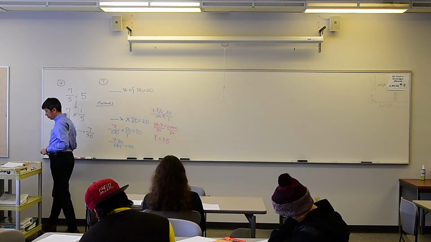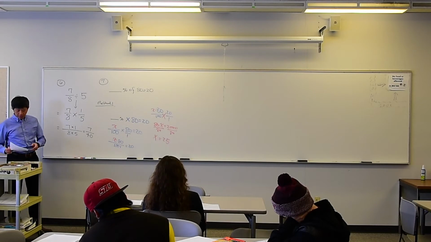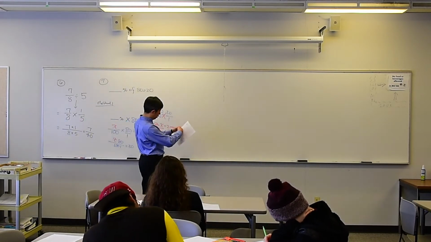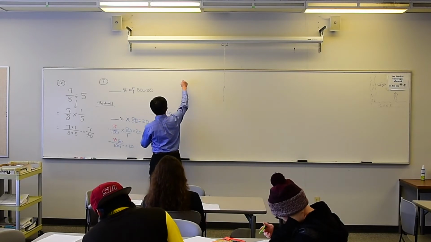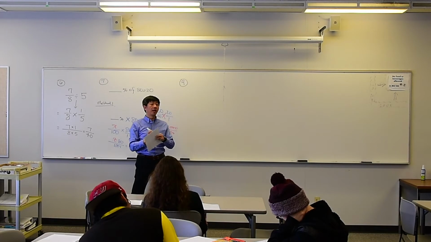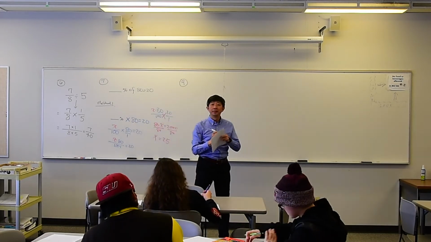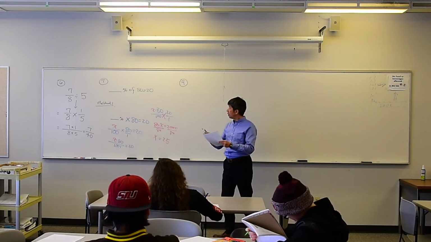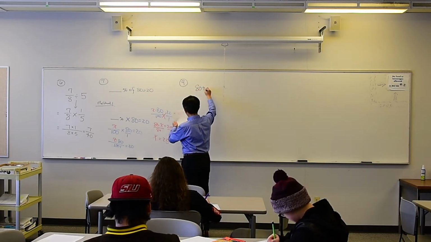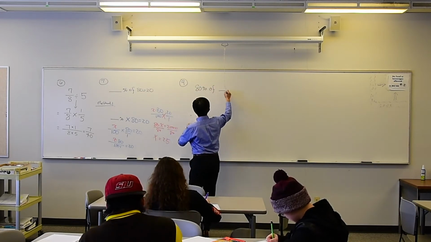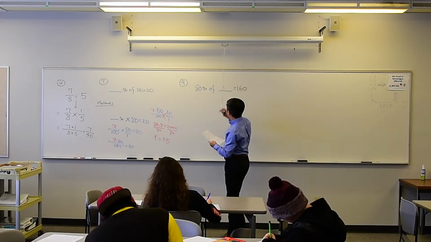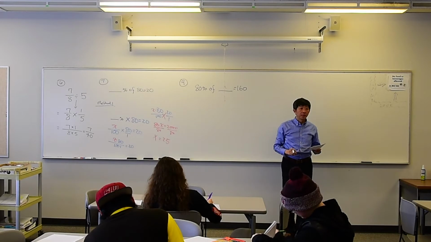Now, can we have another way to do it? Yes. I think I want to do number 9. All the percentage problems, I want to work together, okay? Now, problem number 9, 80% of how many equals 160, right?